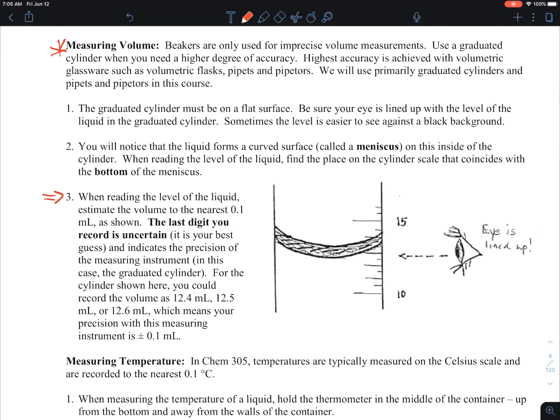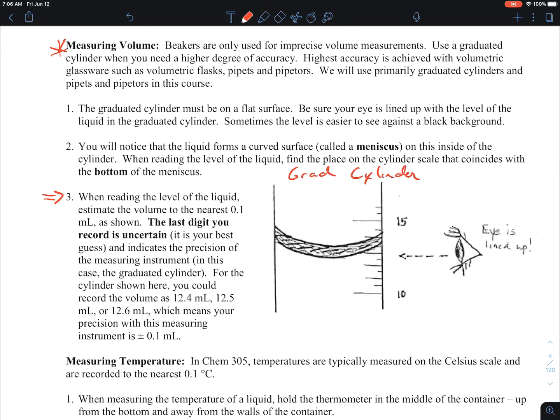The way that normally works out is you look at the smallest unit that the measuring device gives you, and then you divide that unit by 10 places, and you estimate to the nearest tenth.